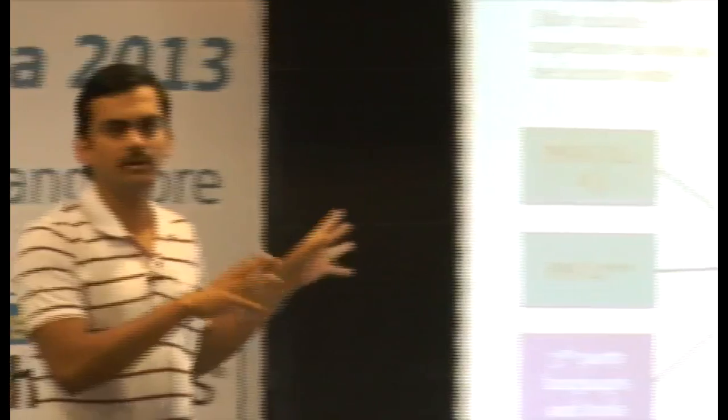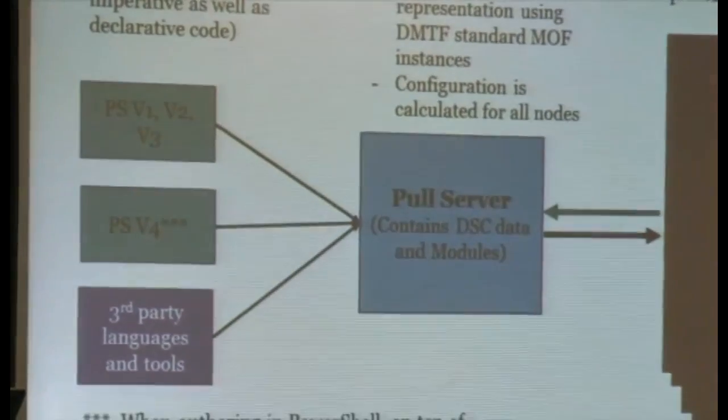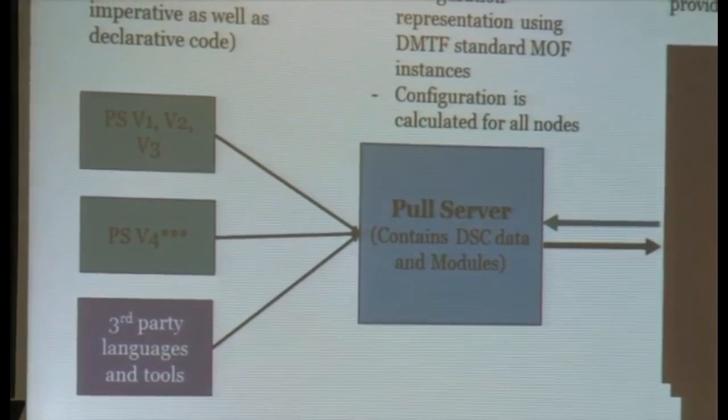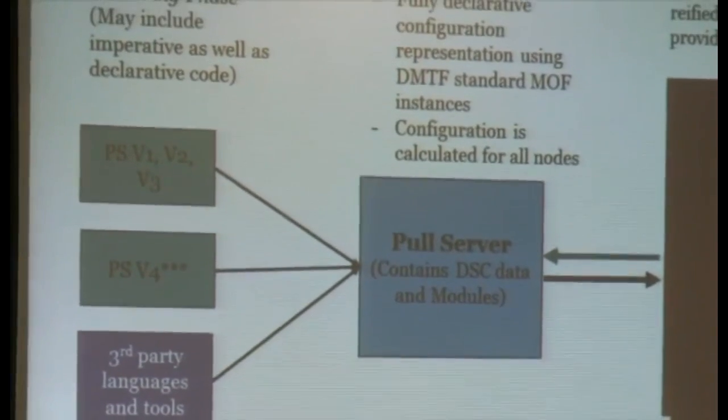You can have Puppet, I don't know what exactly they call it, or maybe Ruby or other places to create those MOF files, generate those MOF files for a specific configuration on the Windows infrastructure, and push it to the source that you have, either the pull server repository or the push repository you have. Just push it to that, and you will be able to manage things using Puppet and Chef automatically.